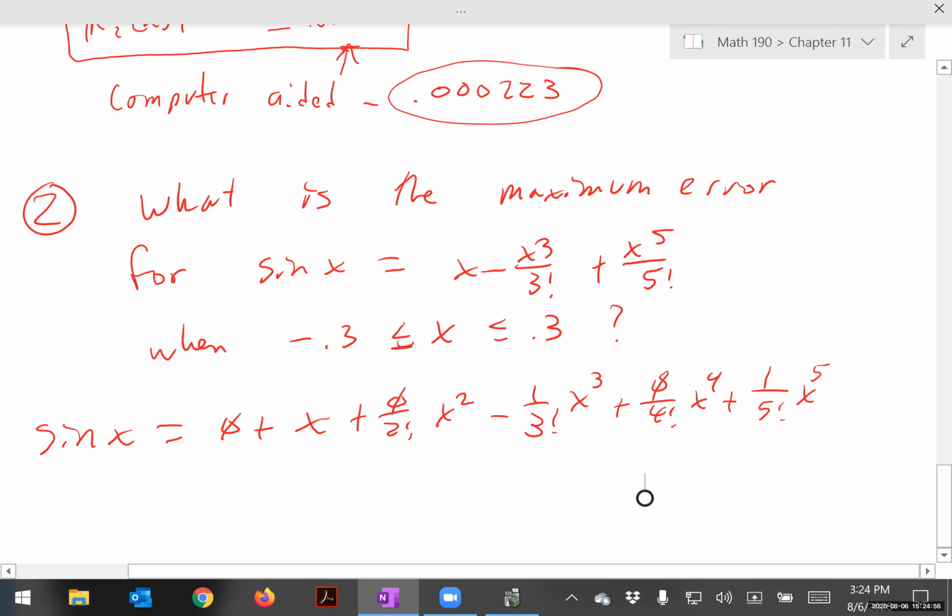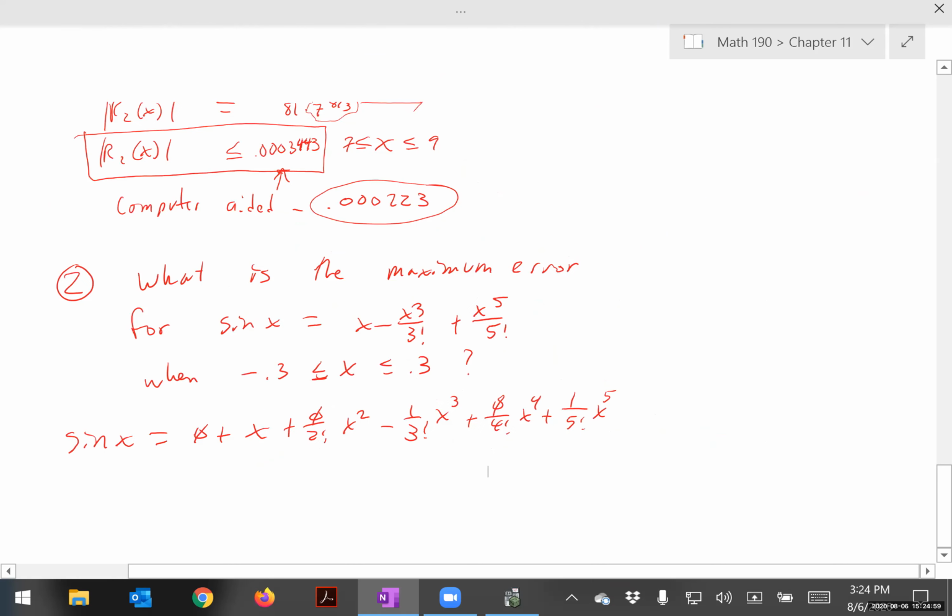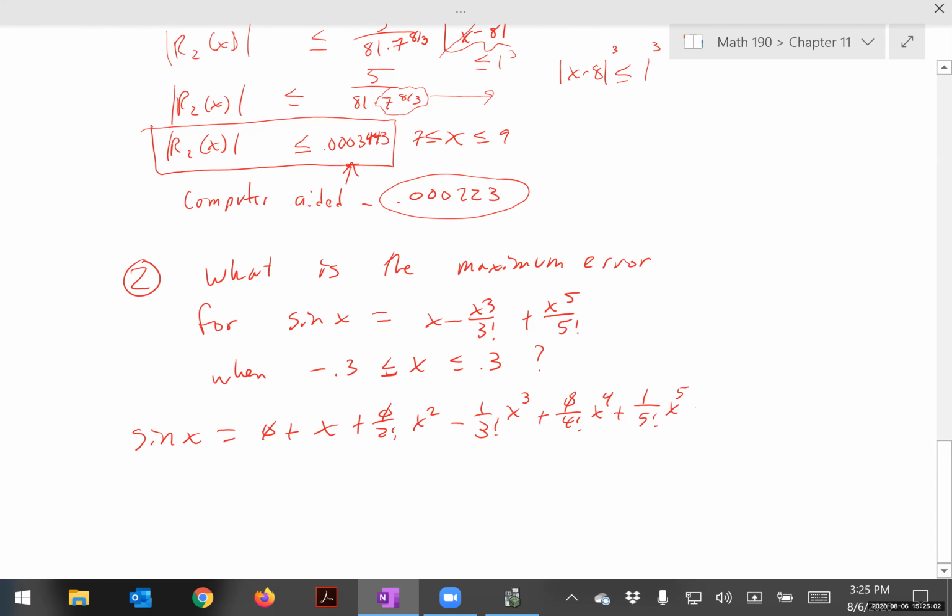Okay, let's do 2 more here. Plus 0 over 6 factorial x to the 6th minus 1 over 7 factorial x to the 7th. Okay, what is the maximum error for this, when we're between 0.3 and negative 0.3?